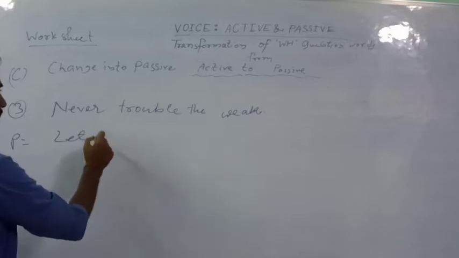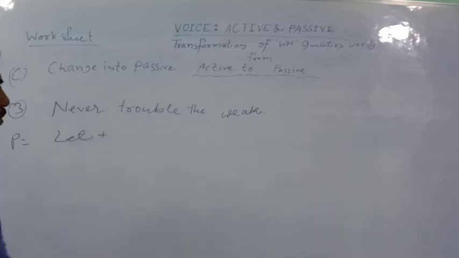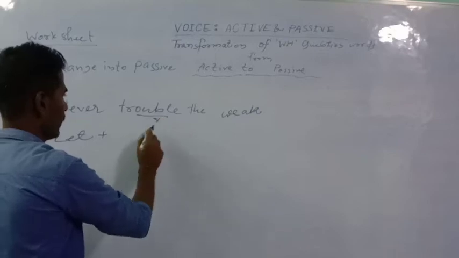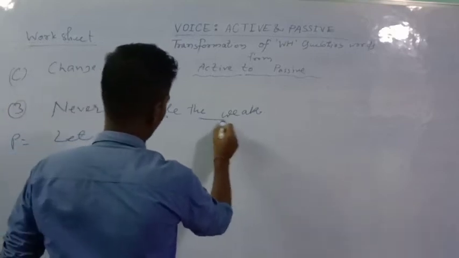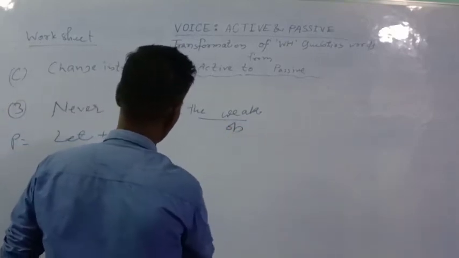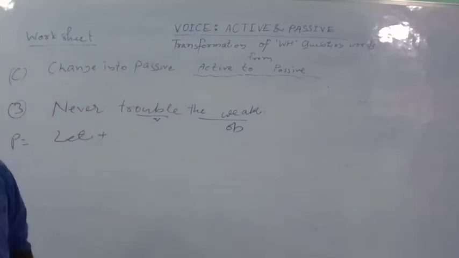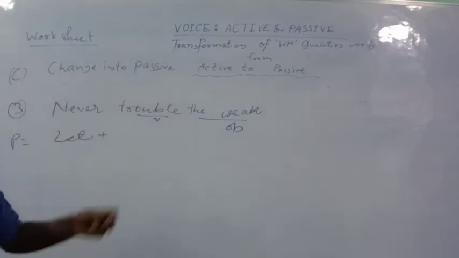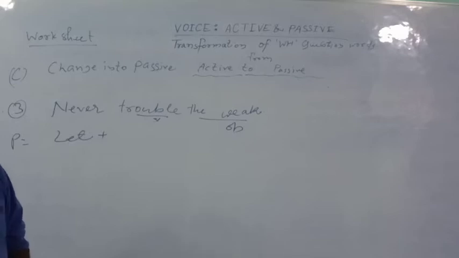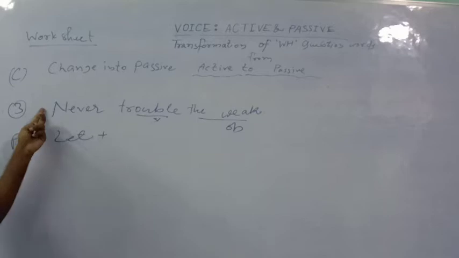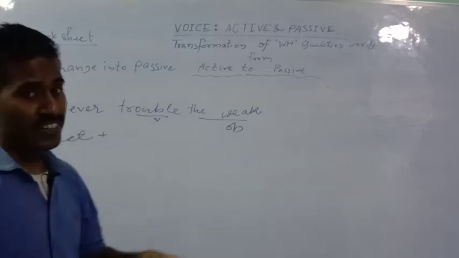Let. Never travel the week. Travel is the verb. The week is the object. If you ask a question, the verb travel, travel to whom? Travel the week. And the subject is hidden here.